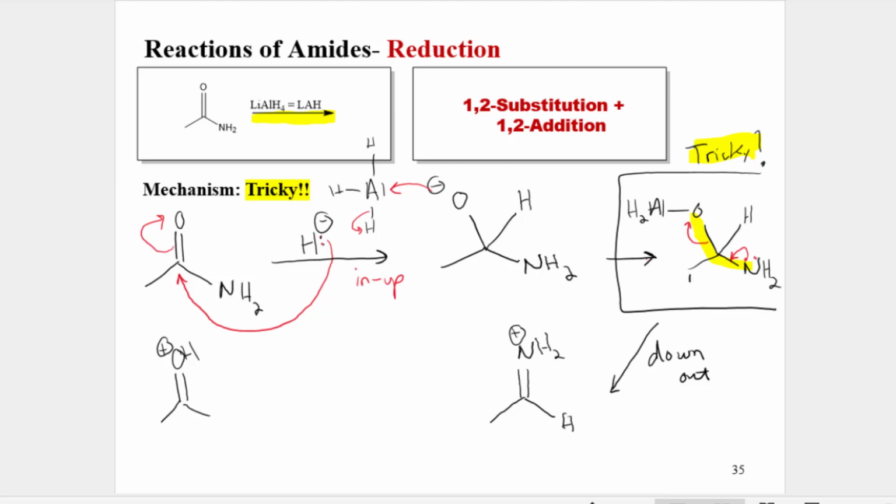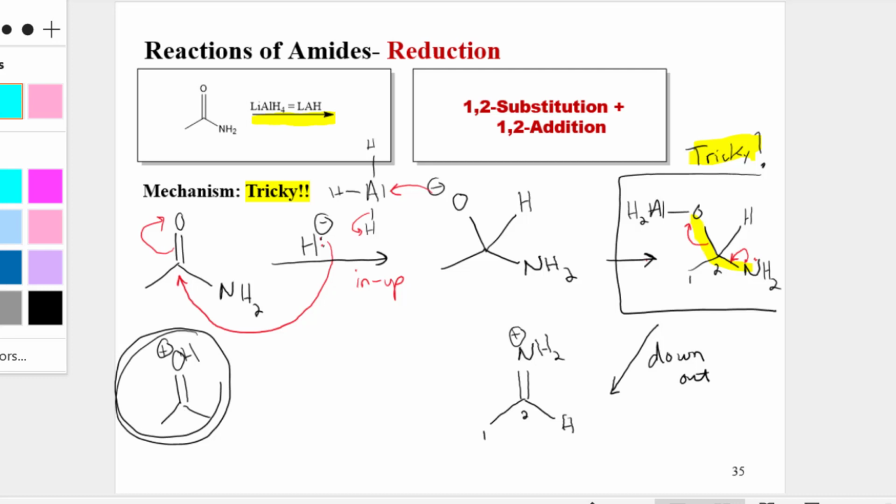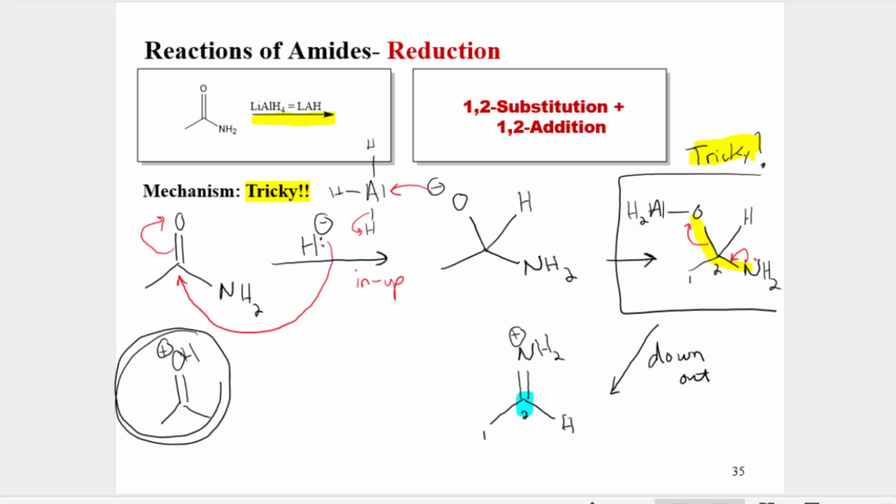So let me just track. Carbon 1, carbon 2, carbon 1, carbon 2. The nitrogen formed a double bond between itself and carbon 2. The oxygen went away with the aluminum, which was fine. It kept its aluminum-oxygen bond. And we formed this iminium species, which you'll learn about more next semester. But no matter, it's just like its cousin, the activated carbonyl, and it is an activated carbon electrophile.